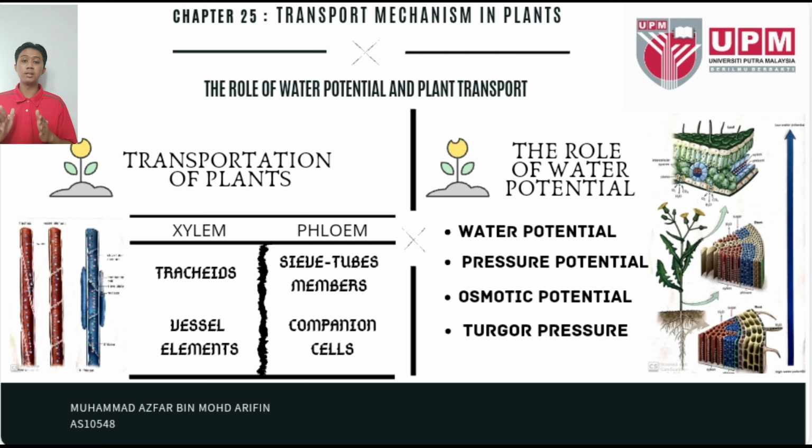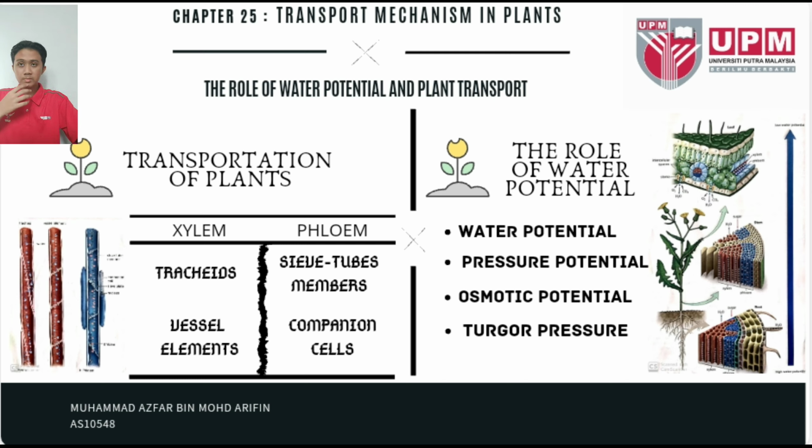I will proceed with the next part, which is the role of water potential. As we know, water molecules diffuse freely across the plasma membrane from higher to lower concentration.